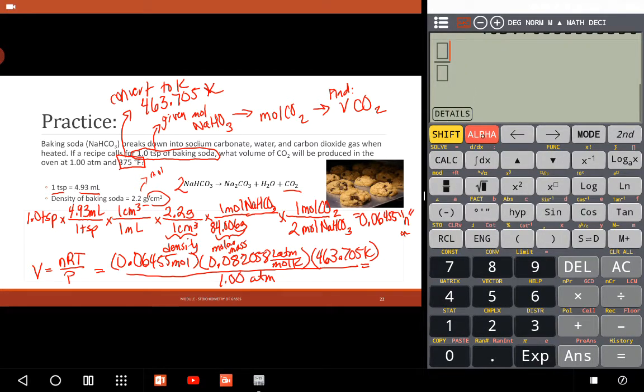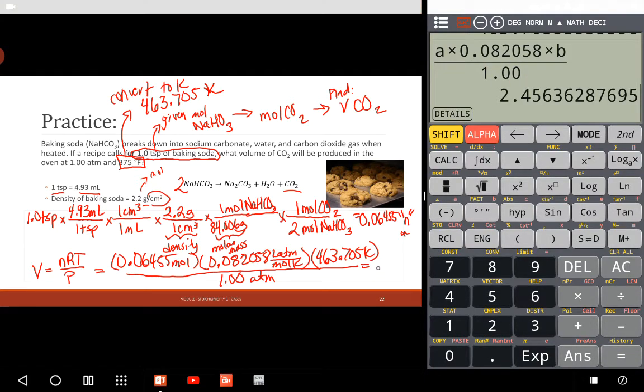Rather than retype my n and my temperature, I'm going to recall those numbers from my calculator. And so that is 2.456 liters. And let's see, how many sig figs? That's 2 sig figs. So I'm going to end up with 2 sig figs, and so that's going to be 2.4 liters.